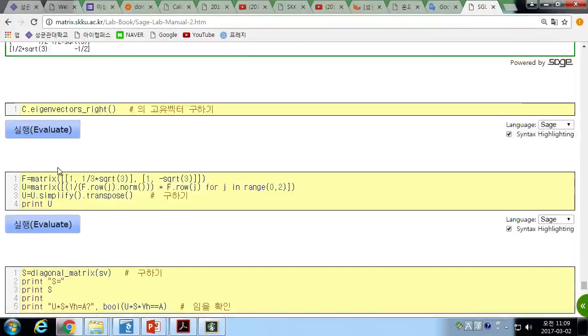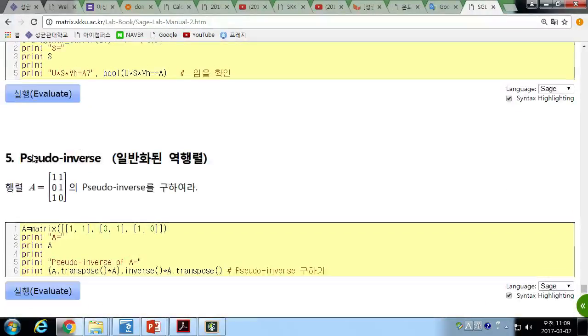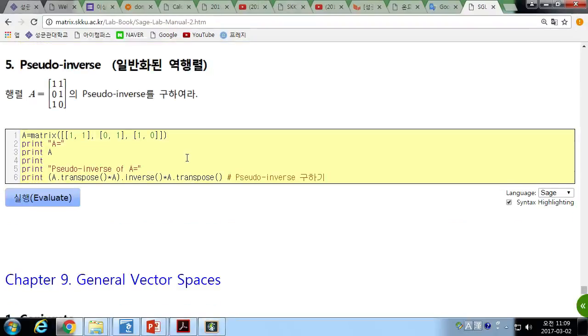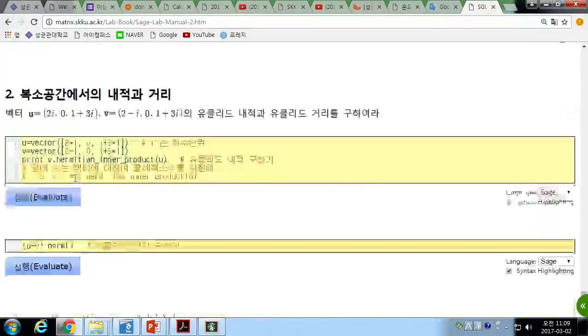All those things will be covered. And the general concept of inverse matrix will be found by using the singular value decomposition, which will be covered in chapter 7. And general vector spaces.